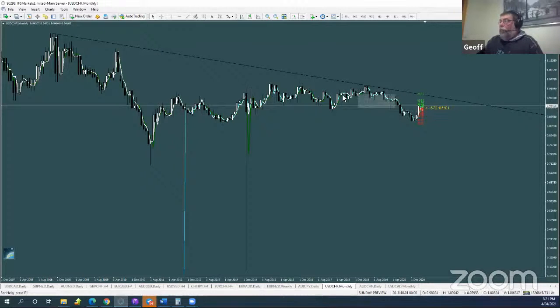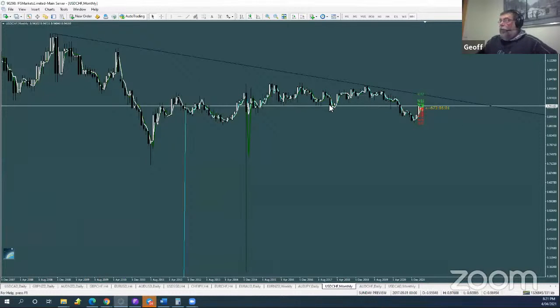Where can you see 3 bullish months in a row? There's one there. So we've had one of those, 2 of those, since the incredible decoupling of the euro and the Swissy on January 2015. So that's not a common occurrence, is what I'm trying to point out.